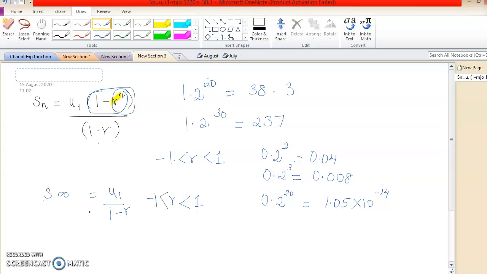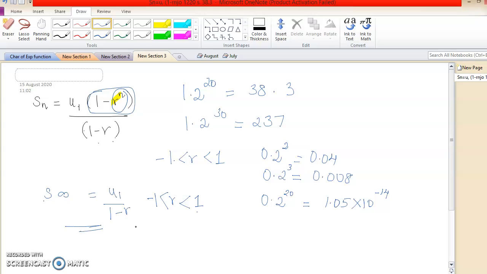Therefore, this particular formula that we are talking about will only be applicable when r is between -1 and 1. So just to repeat, when you have a geometric series that is converging in nature, we will go ahead and find the sum to infinity of this series, because we know that it is converging to a certain value.